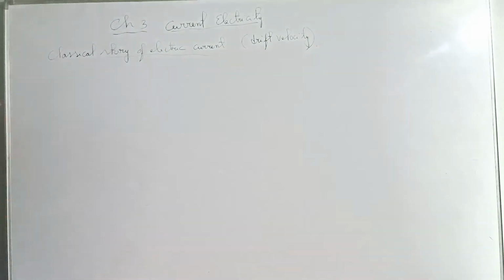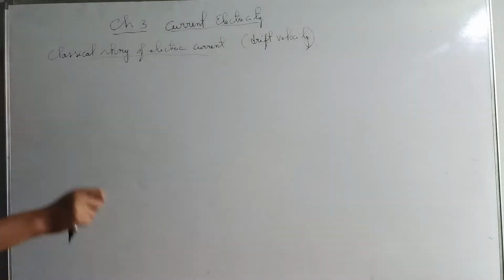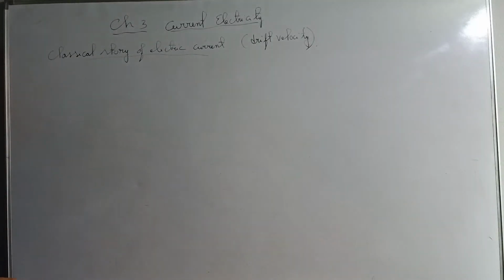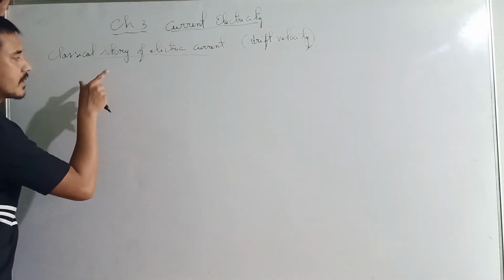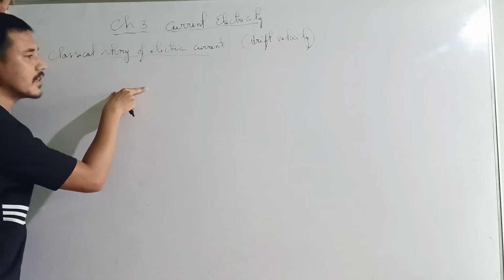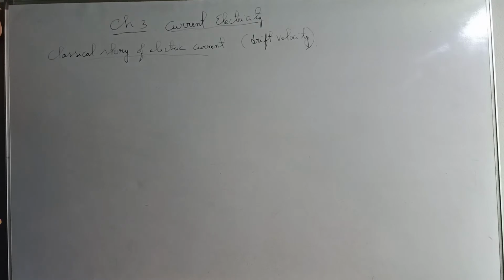They are still in continuous motion, and it is due to the thermal energy of the conductor. Even though the net electric field inside the conductor is 0, the electrons are still moving, and that motion is due to the thermal energy of the conductor.